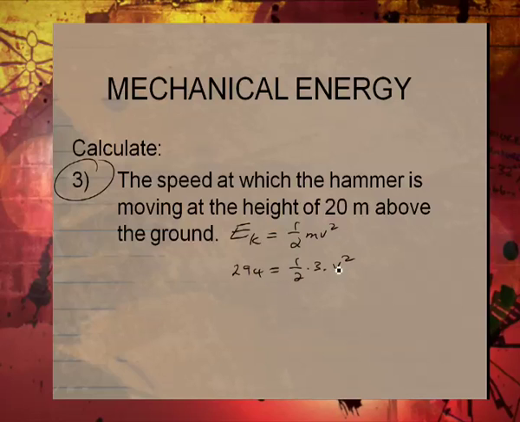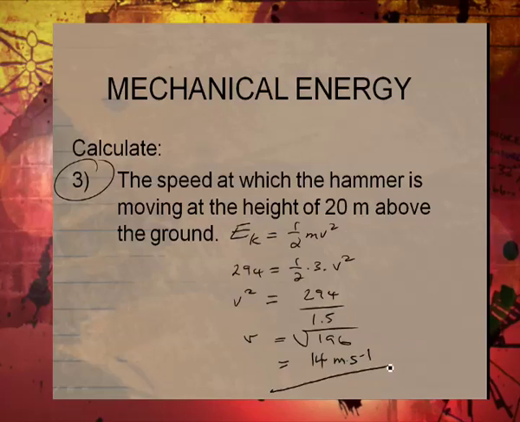So this is 1.5, so V squared equals 294 divided by 1.5, which is 196. So V equals the square root of 196, that is 14 meters per second. The hammer is moving at that velocity at the height of 20 meters above the ground.